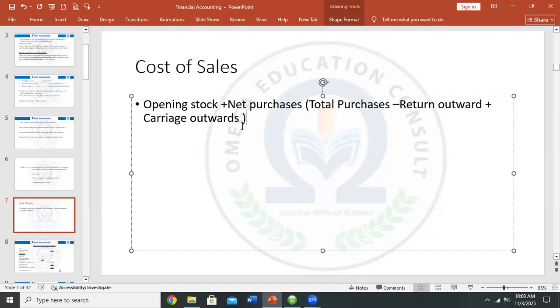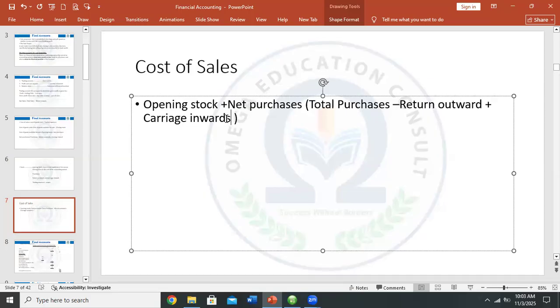Now, as you buy those clothing from your suppliers, you will carry them to your shop. Oh, sorry, that should be carriage inwards and not outwards. You'll be carrying the goods to your shop, and that's the carriage inwards cost. You have to add it.